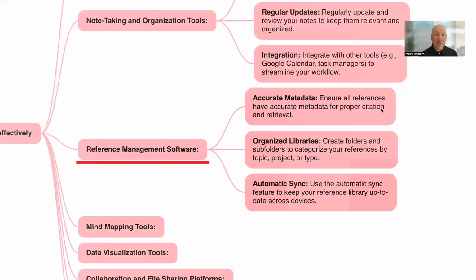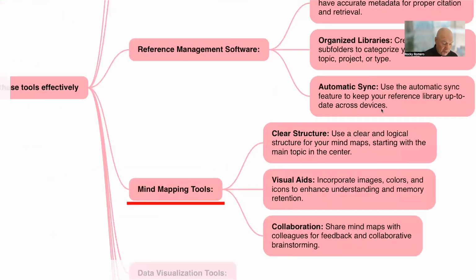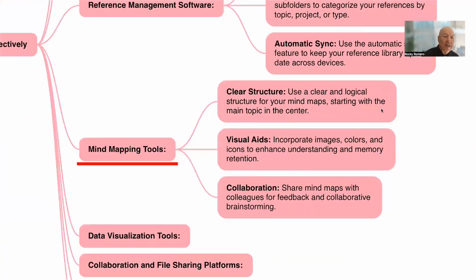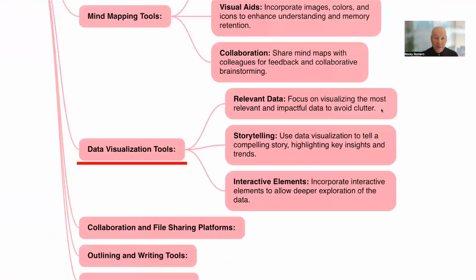I look for reference management software that I can use and synchronize, mind mapping tools, of course, for visual aids, for collaboration, for clear structure, and for myself. If I can communicate it to myself, then of course I can communicate it better to others.